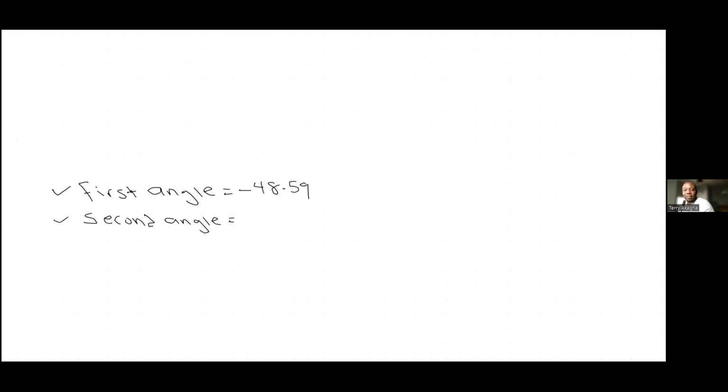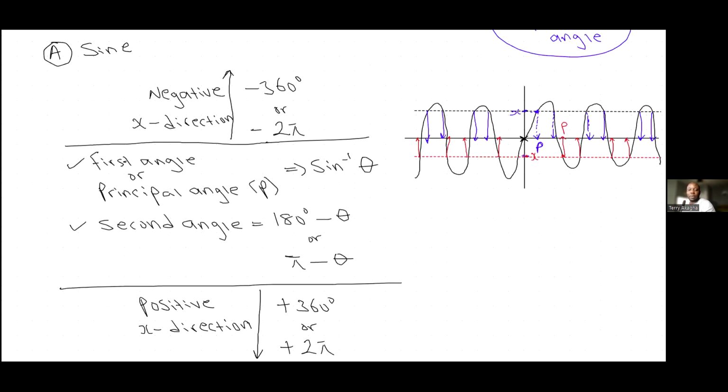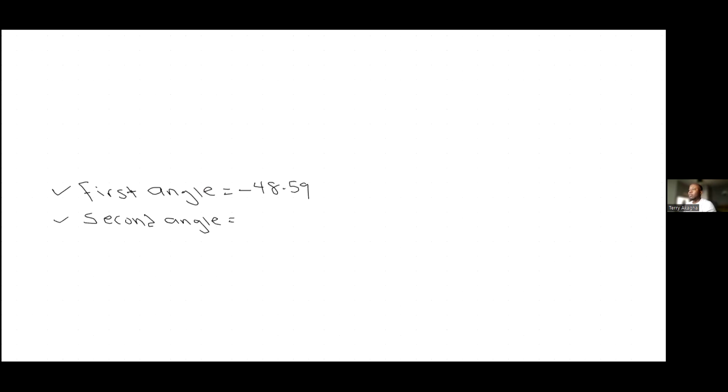It's going to be 180 minus theta, okay? So 180 minus theta, so let's go. So it will be 180 minus, but theta here, our first angle, is minus 48.59. Are you seeing it? Now, when you press your calculator for that, it's going to give you 228.59 degrees.